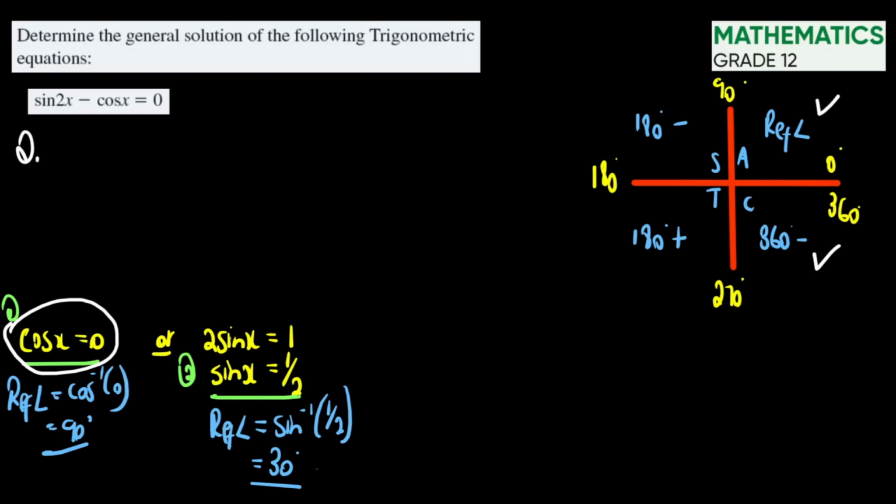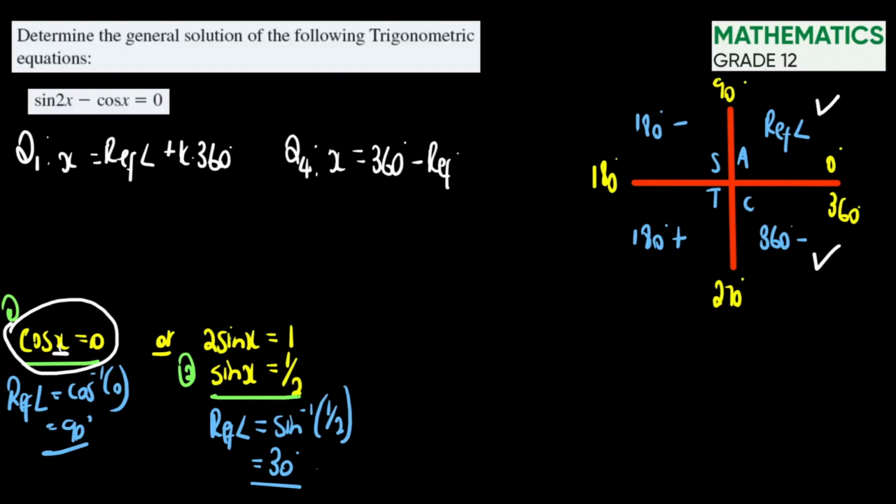For quadrant 1, since we work with a variable of x, x will be equal to our reference angle plus k times 360. And then we have quadrant 4, which is x equals 360 degrees minus the reference angle plus k times 360 degrees.